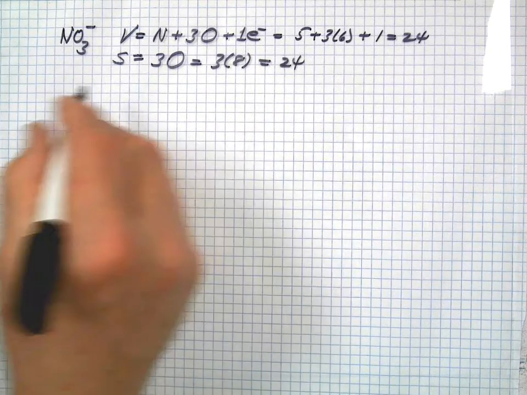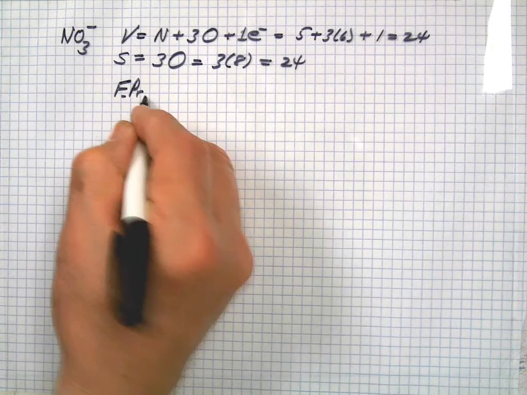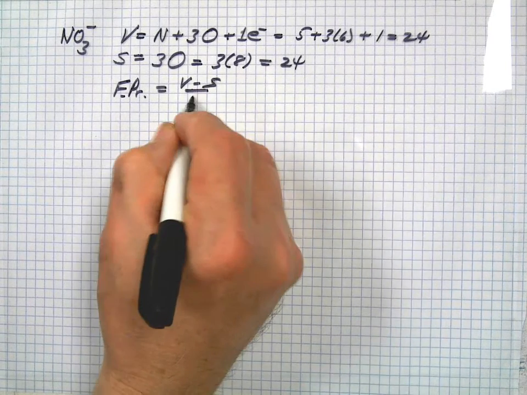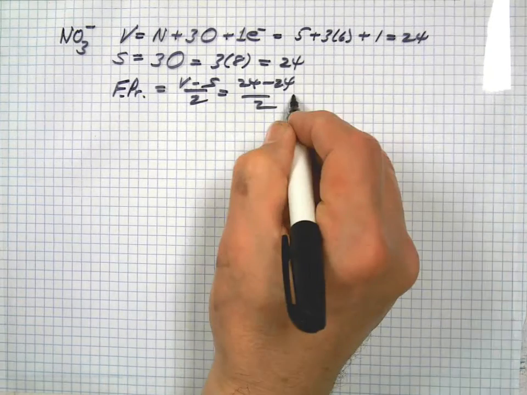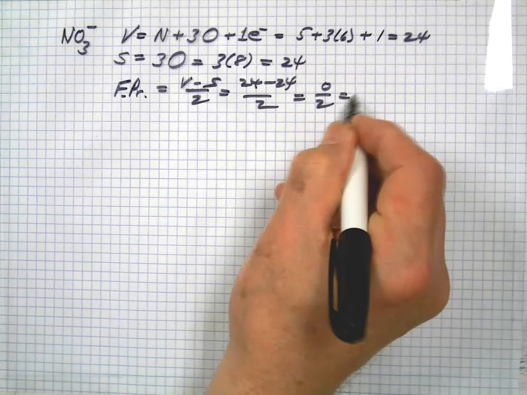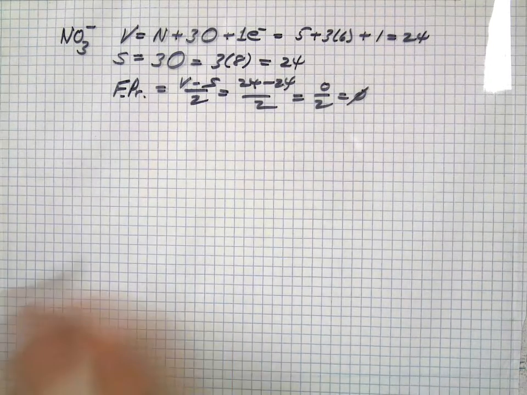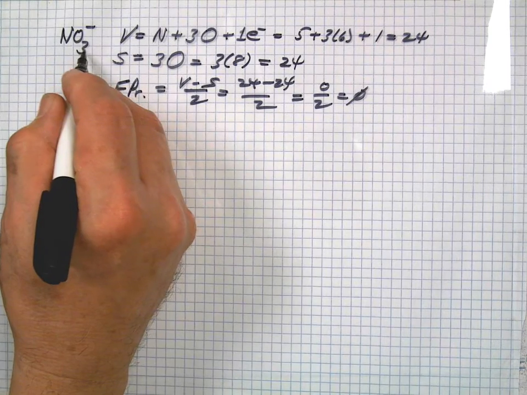So the non-bonded pair, or free pair, is equal to valence minus substrate over 2, 24 minus 24 over 2, which is 0 over 2, or 0 non-bonded pairs. So when we arrange this, it's an AX3.